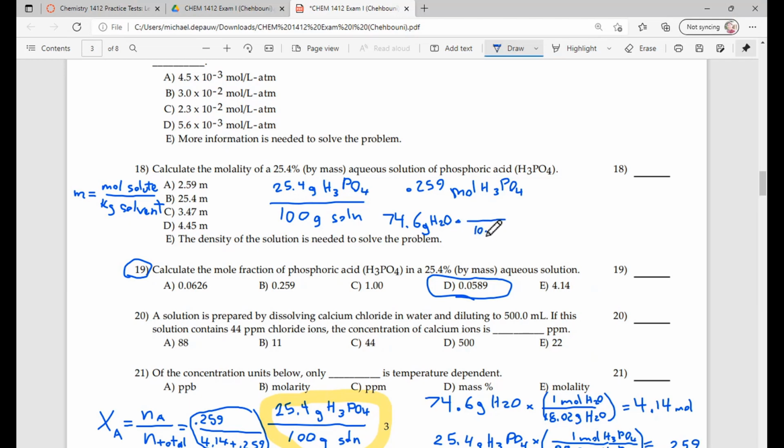And 1,000 grams is equal to 1 kilogram. So that means this is going to be 0.0746 kilograms. So then all I have to do is divide the moles by my kilograms of solvent, and that will give me my molality. And what does that end up giving you?